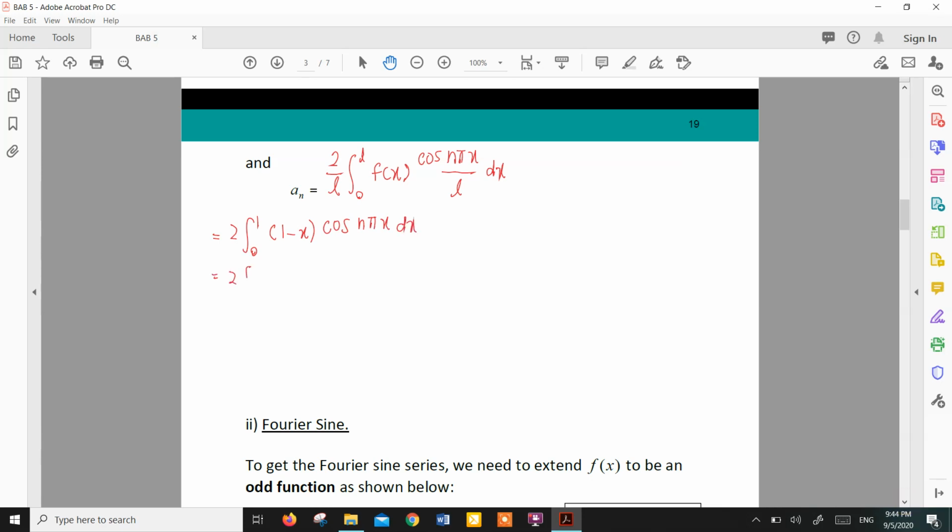So I have 2. For the integration of this, you can use the tabular method, right?